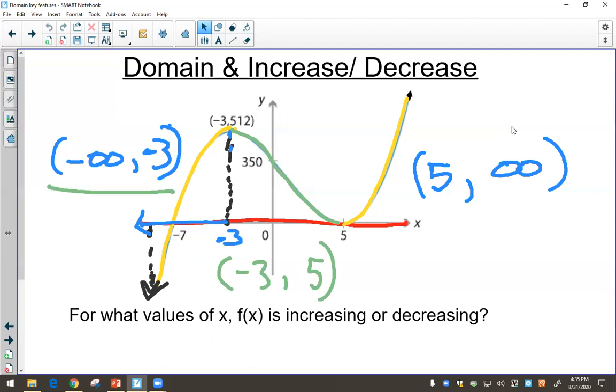So the blue would represent increase, and the green would represent decrease. Okay, so I'm going to write it beside it.